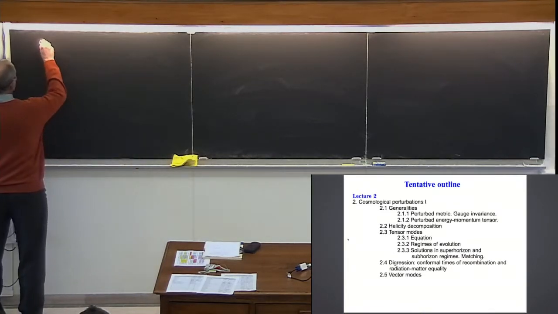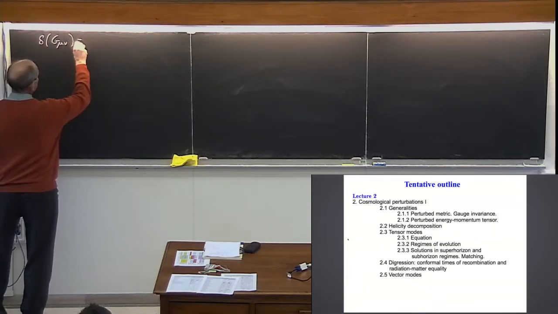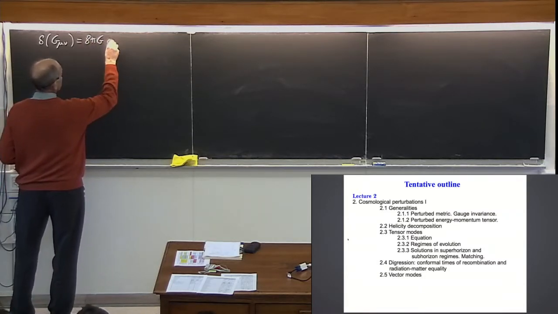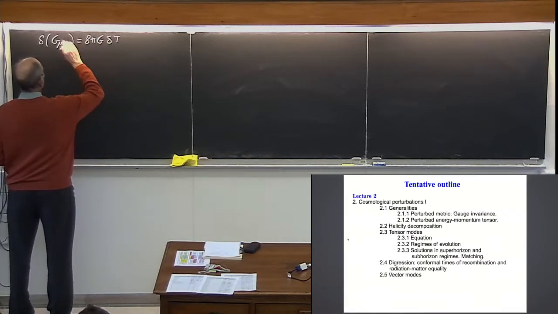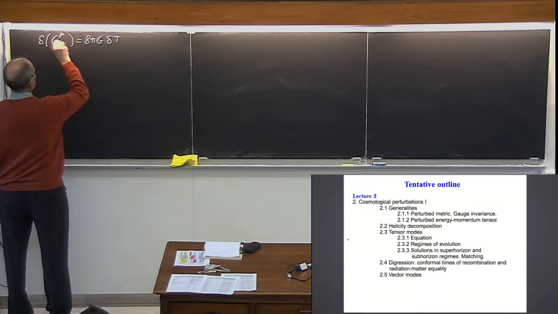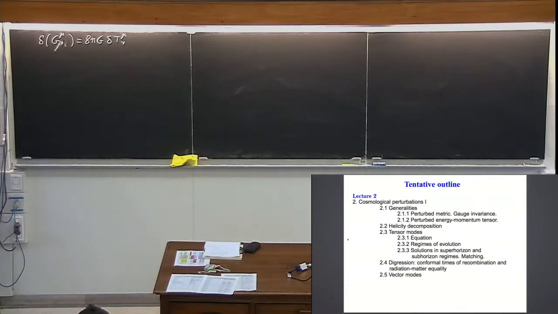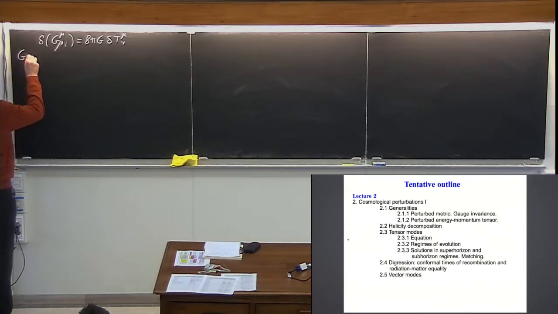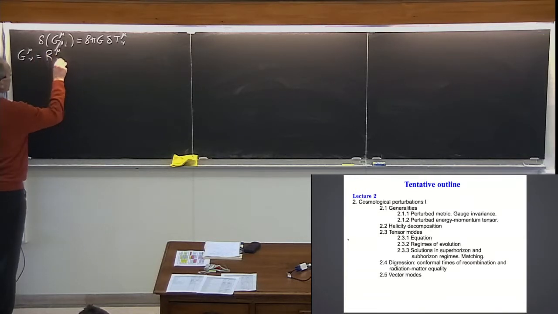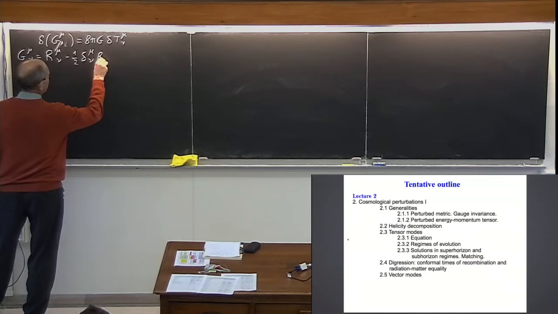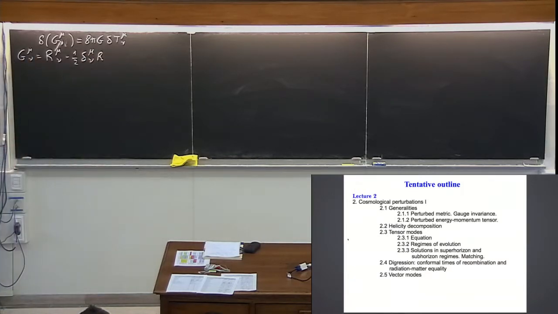So you consider Einstein's equations, which on the left-hand side have the gravitational part, G mu nu equals 8 pi G T mu nu, where G mu nu is the Einstein tensor, G mu nu equals R mu nu minus a half delta mu nu R. So these are Einstein's equations.